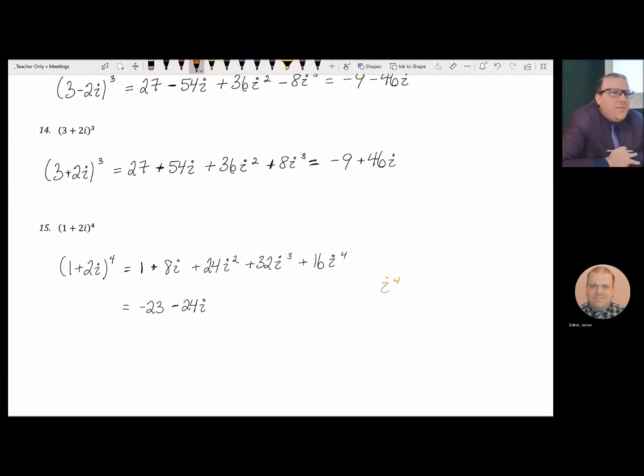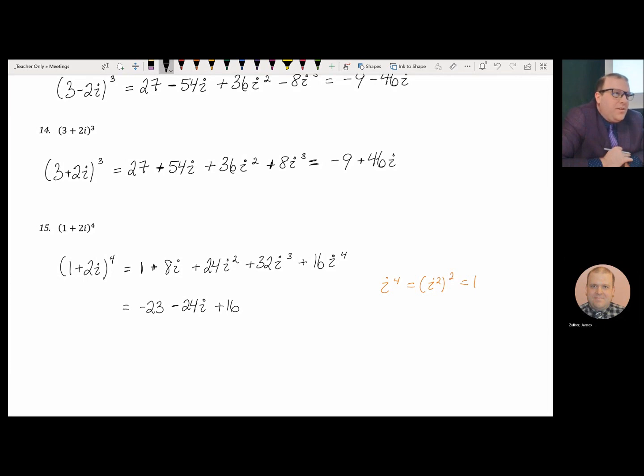Let's look at i to the 4th. Isn't it i squared squared? Which is what? i to the 4th is positive 1. i to the 4th is then just 16.